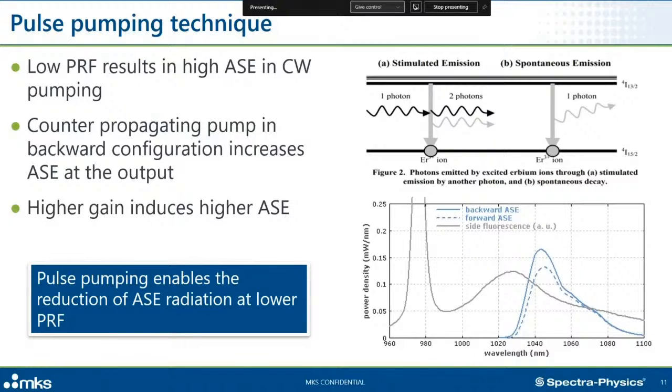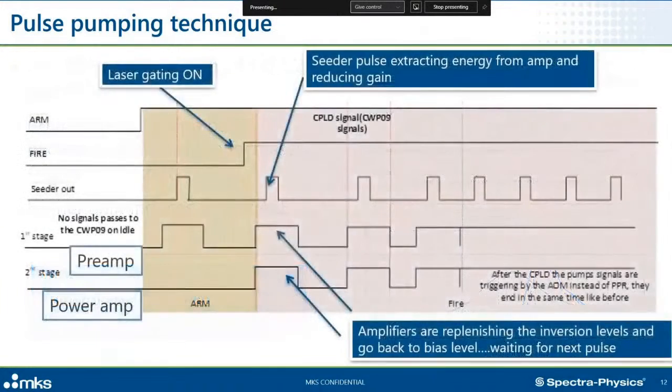And one of the problems with the high inversion is the fact that your ions start to drop. In this example it's erbium, but you can use the same example for ytterbium. And as you get a lot of spontaneous emission, spontaneous emission is really noise. It's not pulse. It's broadband. You can't use it. And this is why, as you go to very low repetition rates, what you get is basically a lot of ASE.